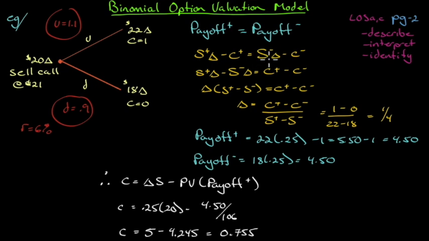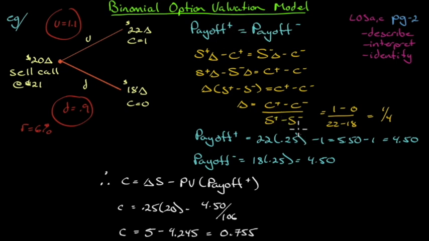Must equal the value of the shares to the downside minus, of course, the value of the call. Here it's 0. And then just simplify. We'll bring the S over to this side, the C over to this side. We'll get S plus delta minus S minus delta equals C plus minus C minus. Keep going. Look what I got. On the last screen, I simply just gave you this. Now we've derived it. This is derived from setting these two payoffs equal to each other.